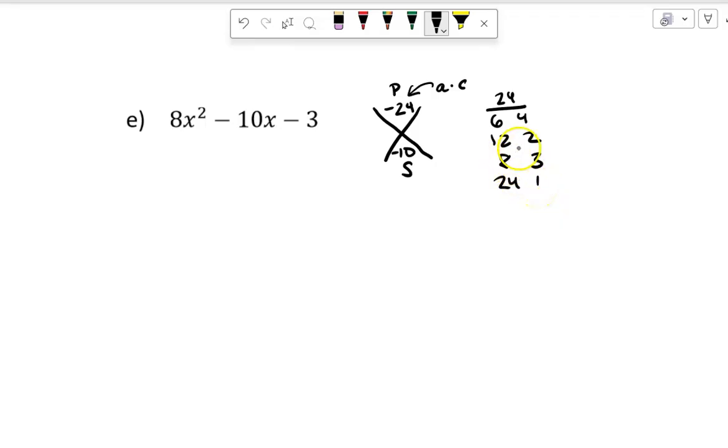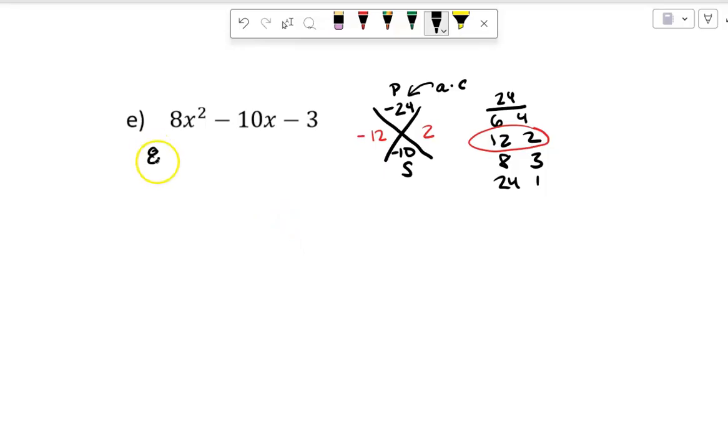Okay, so looking at this, I see two things that I could make a 10 with, so we want to make sure we're careful with our signs. If we were to use 6 and 4, they'd have to both be negative. The problem with that is then when we multiply, we would not get negative 24. This is the only pair that's going to work. 12 and 2, we're going to make the 12 negative so that we get a negative 10.